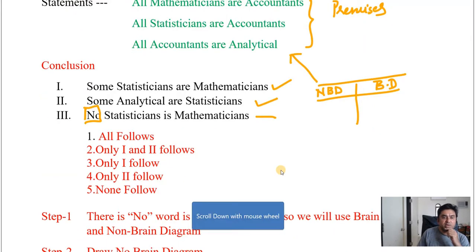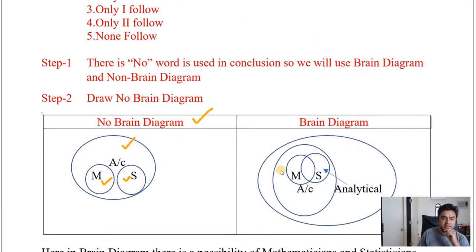Now we are using a brain diagram. In the brain diagram, there are some mathematicians who are statisticians, and some statisticians who are mathematicians, and there are some accountants who may be mathematicians and who may be statisticians, and they are all analytical.